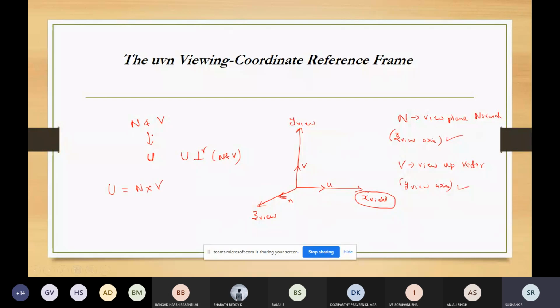So the vector product of N and V will give us another vector U. This is with reference to the right-hand reference frame.